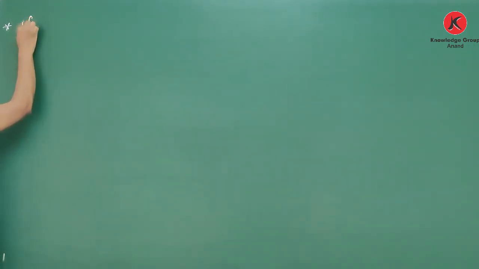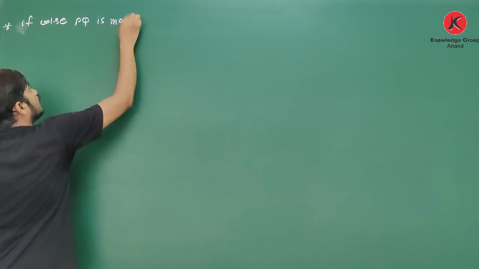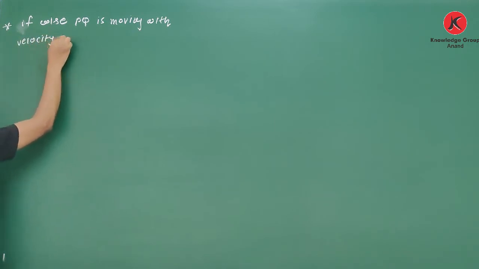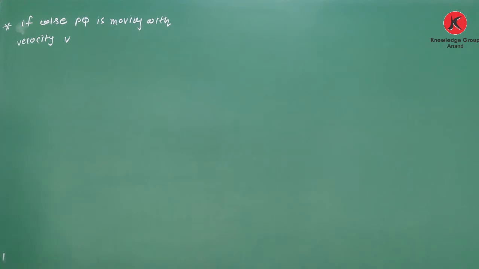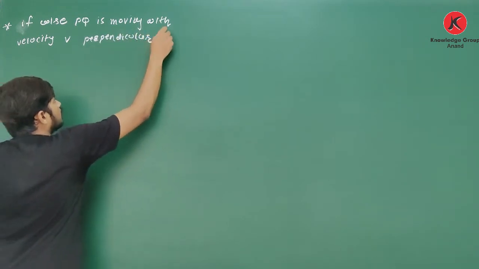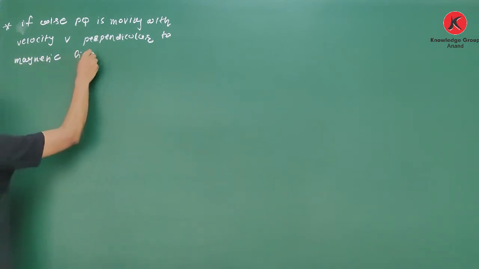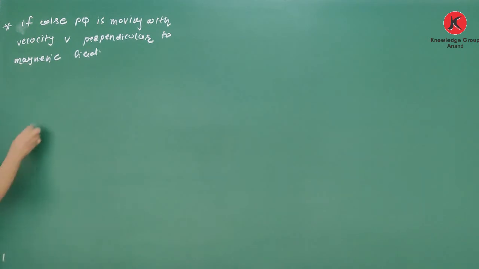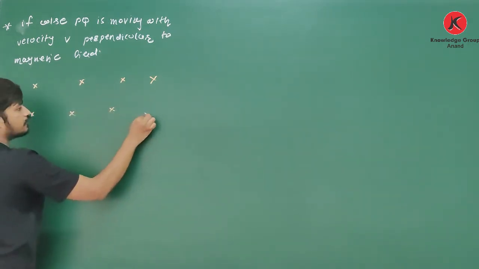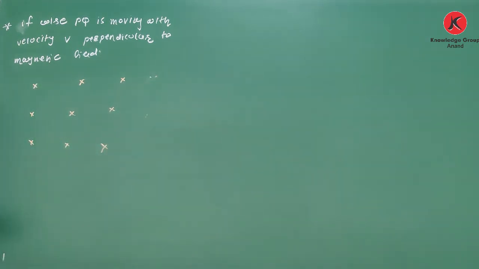See, if wire PQ is moving with velocity v perpendicular to the magnetic field, for example, see, here it is a uniform magnetic field, perpendicular to the board, going inside.